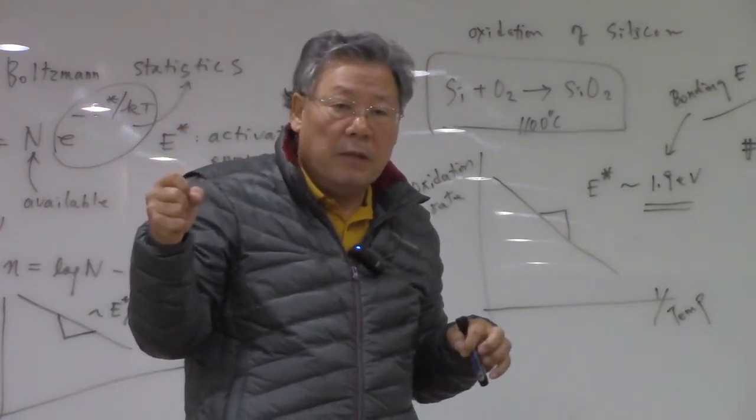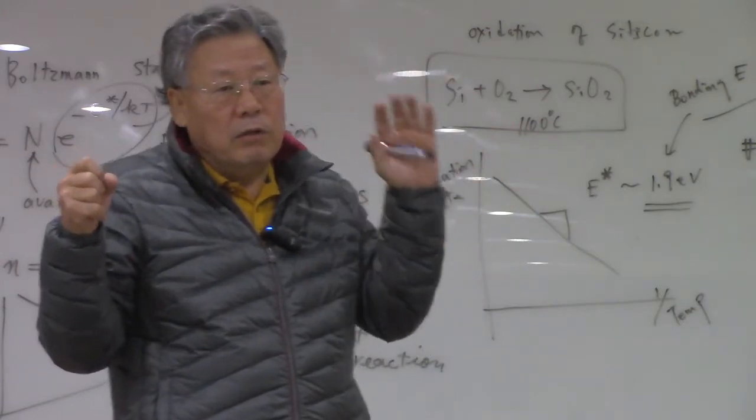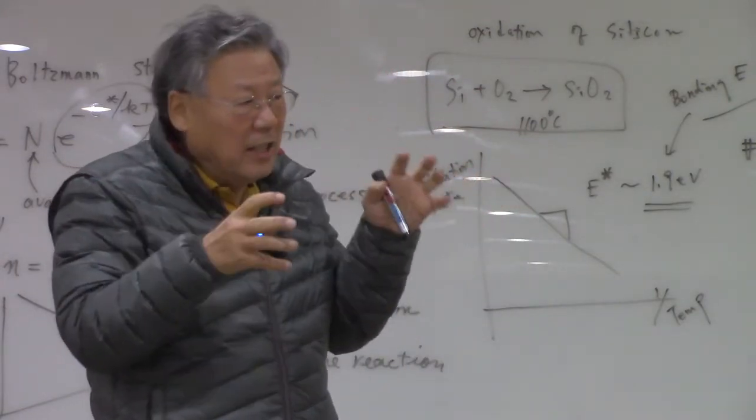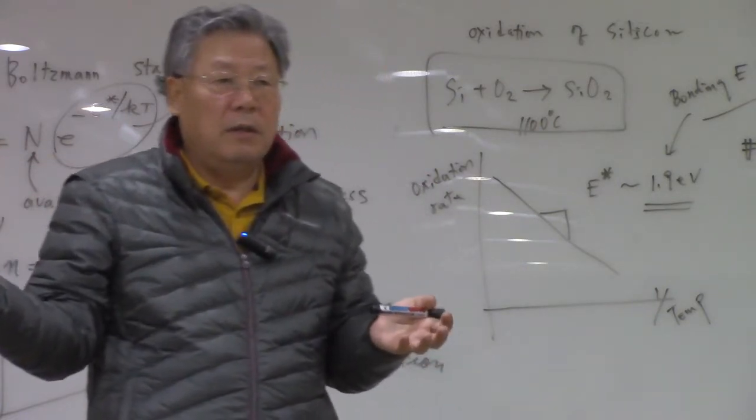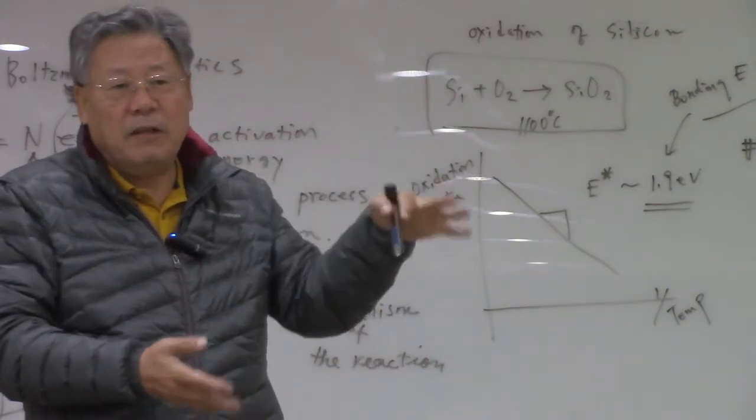Then we want to know what is that electron velocity corresponding to the temperature, which happens by the electric field.